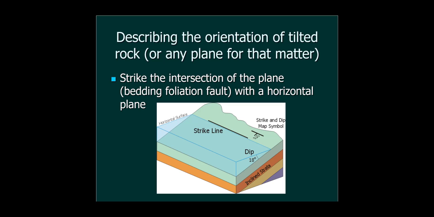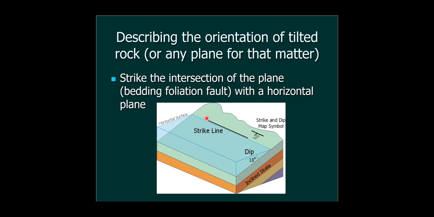Well, the first thing we're going to do is define a line that's called strike. And strike is the intersection of the plane we're interested in. Let's say that it's a bedding plane, because that's the easiest to imagine, I think. So strike is the intersection of that bedding plane with a perfectly horizontal plane.